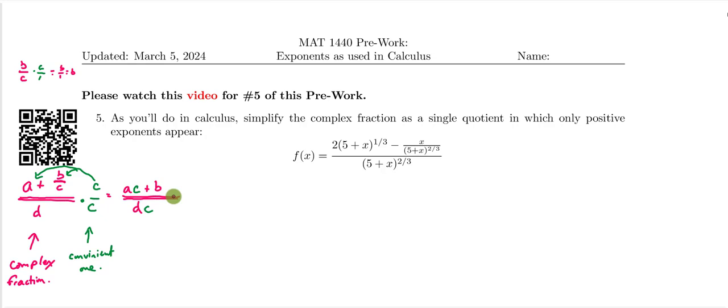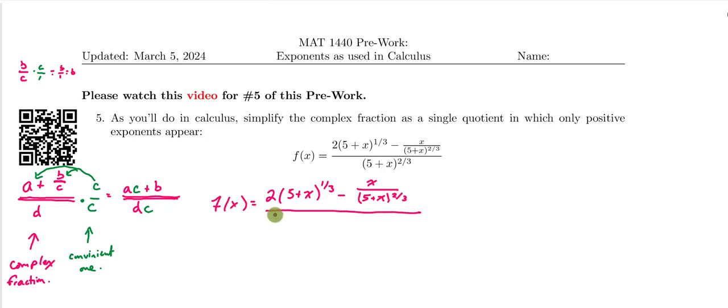I'm pointing that out because we're going to do the same move here. It's just going to be a little bit harder to follow. So we've got our function f of x, and I'll just copy it here. It's 2 times (5 plus x) to the 1/3 power minus x divided by (5 plus x) to the 2/3 power, all divided by (5 plus x) to the 2/3 power.